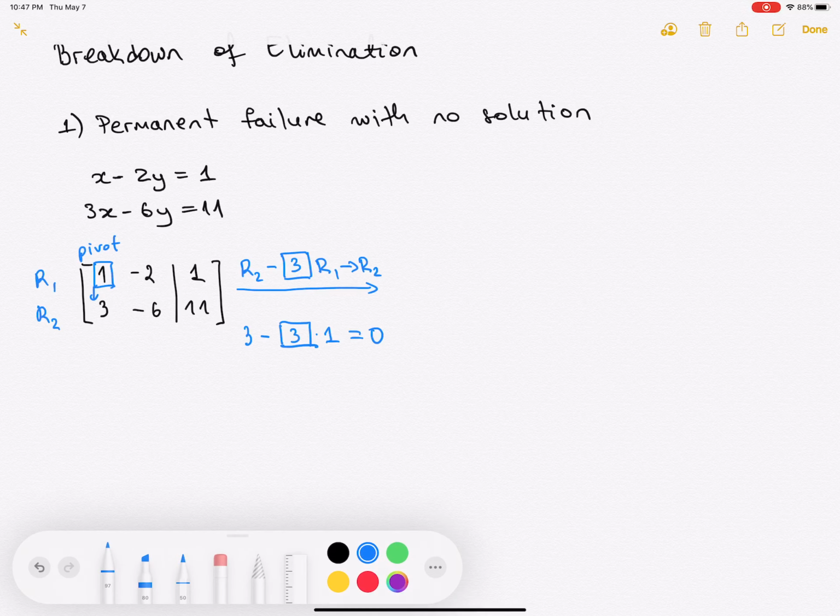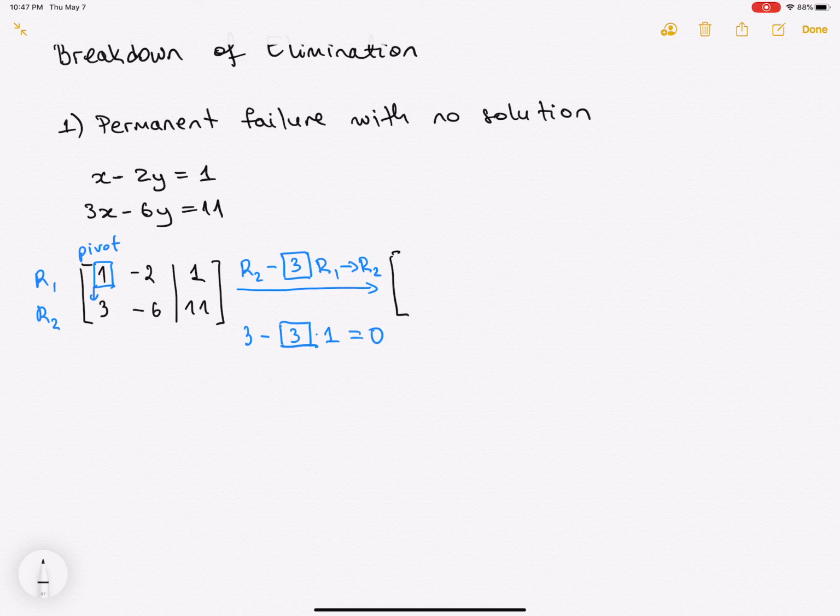So right away, we have the first equation. We didn't say any changes need to be recorded in the first equation, which means we just copy it. 1, negative 2, 1. And then in the second equation, we have a 0 in the first position, which is what we wanted to get. Then we have negative 6 minus 3 times negative 2, so that is a 0 again.